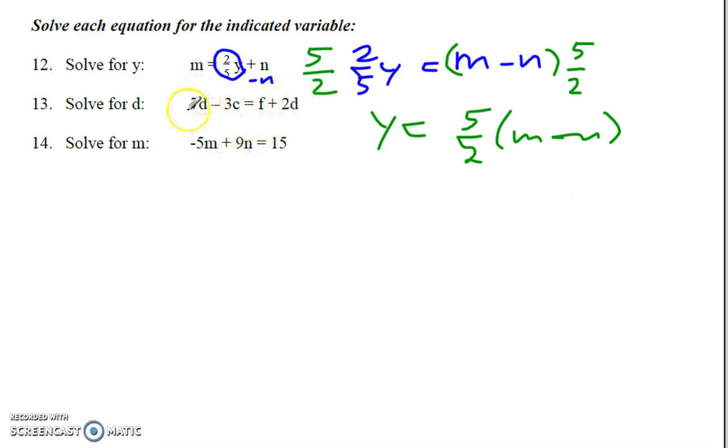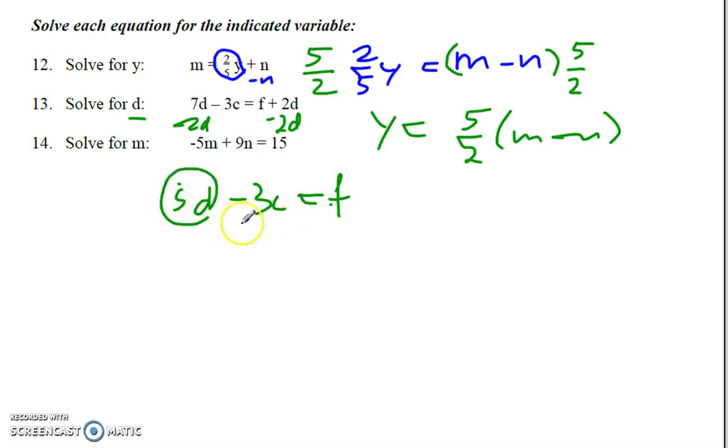Here we have a variable term on each side. We're solving for d. And so we have to subtract one of them first. And then I get 5d minus 3c is equal to f.